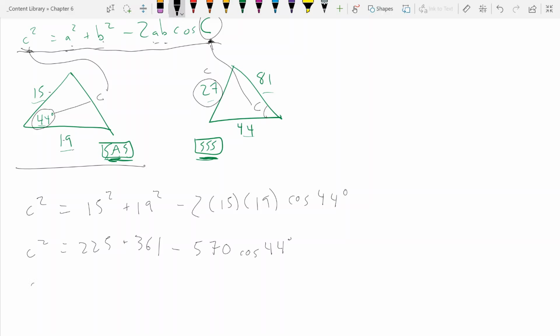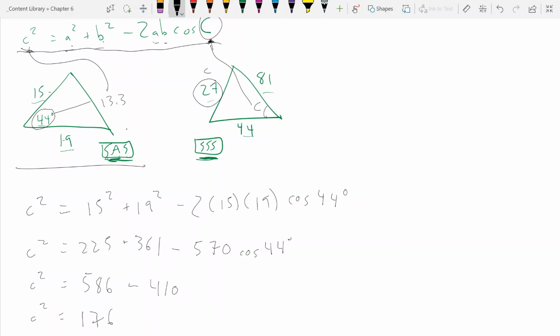Now I'm going to, again, simplify. 586 minus 410 approximately. So we're going to get 176. So that means that C is the square root of that, which is approximately 13.3-ish. Okay, so now that I found C, I'm going to put that information in, 13.3.